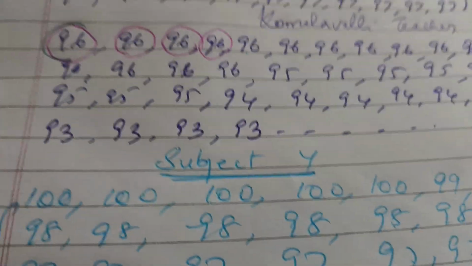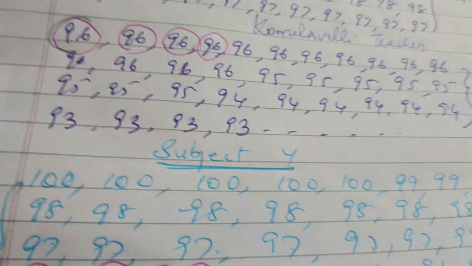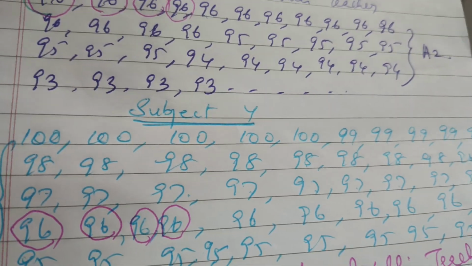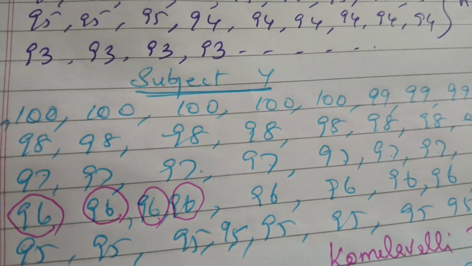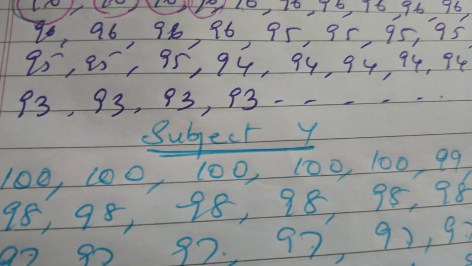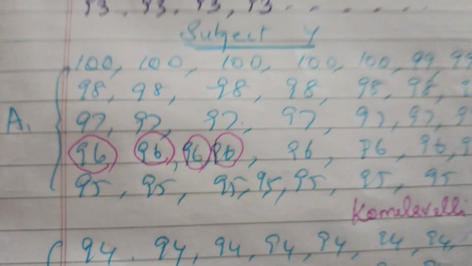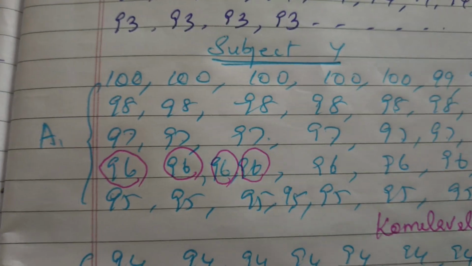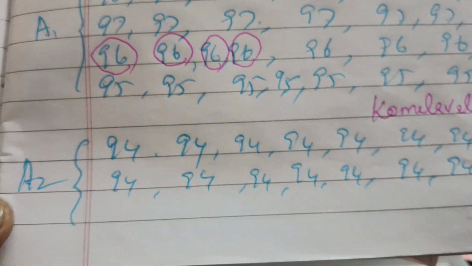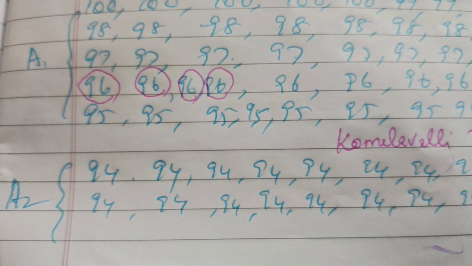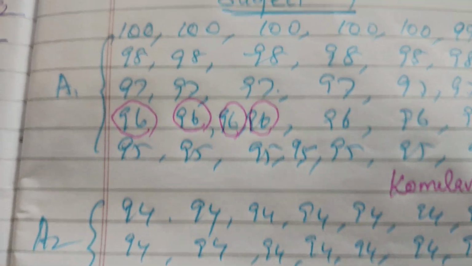Then comes subject Y. Here fewer children got 100, fewer children got 99, fewer children got 98 compared to subject X. So see that: 96 comes under A1, and the next 94 etc. come under A2.